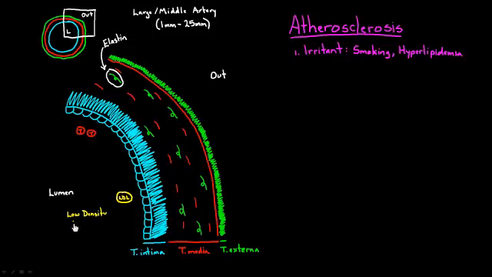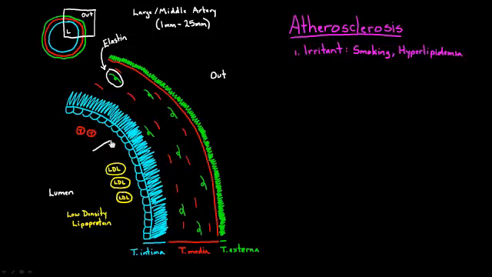So this is basically something that carries fat and cholesterol around your blood. So you could have too much of it. You could have too much LDL in your blood, in the blood vessels, in the arteries, and that could be an irritant.